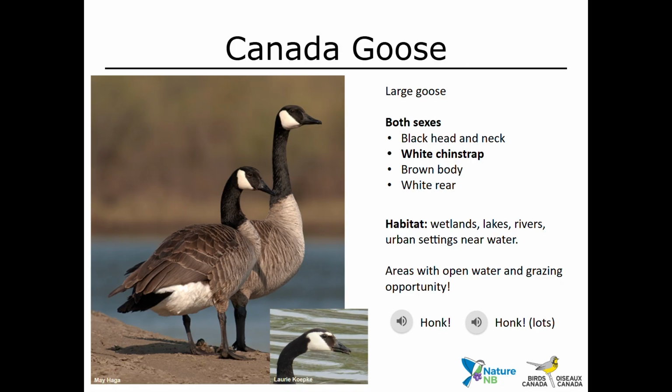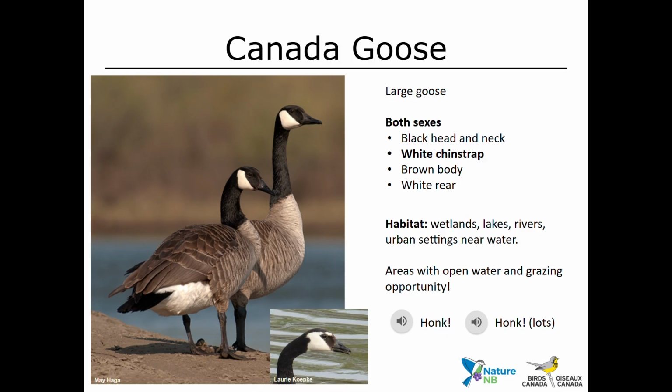And we're going to start off easy with a species that many of you, I'm sure, recognize, which is the Canada goose. This is a large goose. The sexes are very similar in appearance, so they both have a black head and neck, a white chin strap, a brown body, and a white rear. And their habitat is pretty varied.